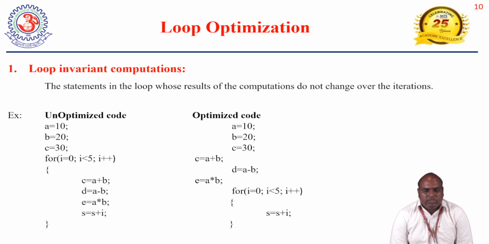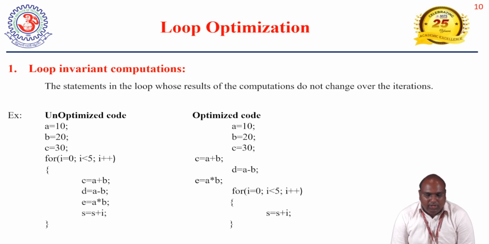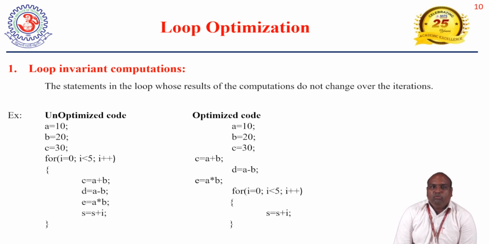If you take this example, for i equal to 0, i less than 5, i plus plus, the loop variable is i. Inside the computations are the expressions c equal to a plus b, d equal to a minus b, and e equal to a star b. These three expressions are nowhere related to the loop variable, because the loop variable is i.